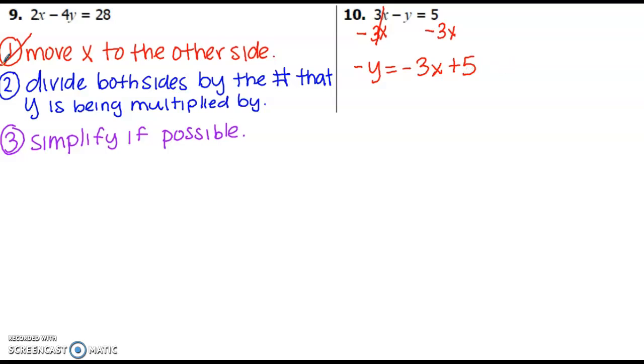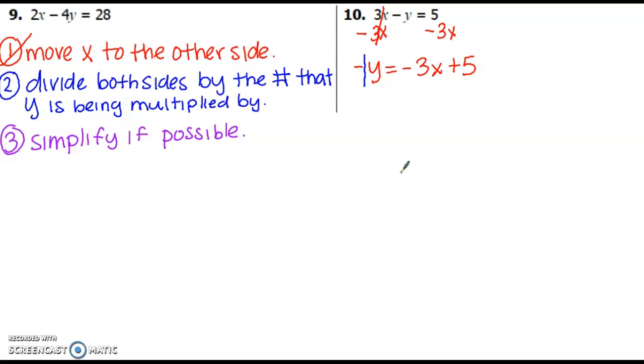Step number 2 says divide both sides by the number that y is being multiplied by. So you guys look at this and you say, well, Ms. B, I don't see a number next to y. You don't see it, but it for sure is there. Anytime we have a negative y, so a negative variable, there is a number there. It's imaginary in your head, but it is a negative 1.